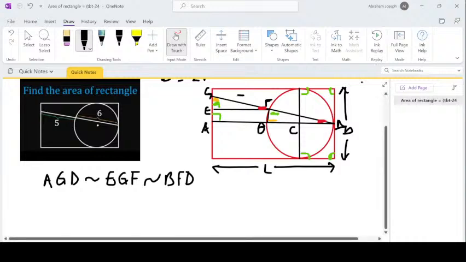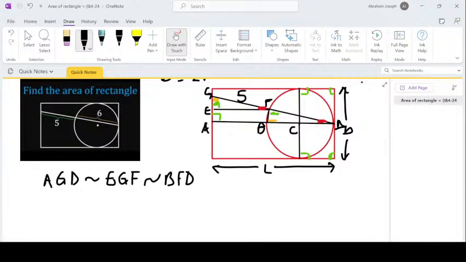From here to here is 5, and FD is 6. So we are choosing this triangle, hopefully a better choice for us. I also see that these two triangles, EGF and BFD, are built out from AGD. So that might be a very good connection for us. Let's see the relationship between EGF and BFD.